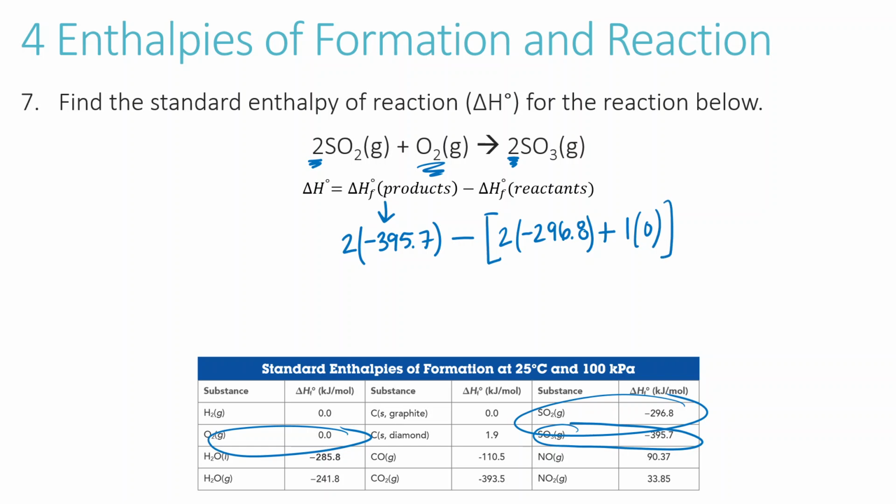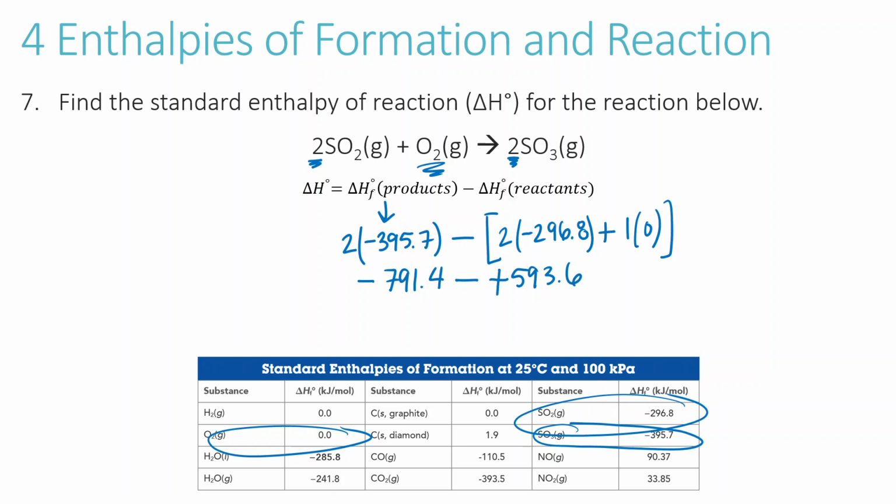So to do this math, I'm going to need to do negative 791.4 minus my total here, negative 593.6. Notice that we have a double negative, so we're going to end up adding this number.